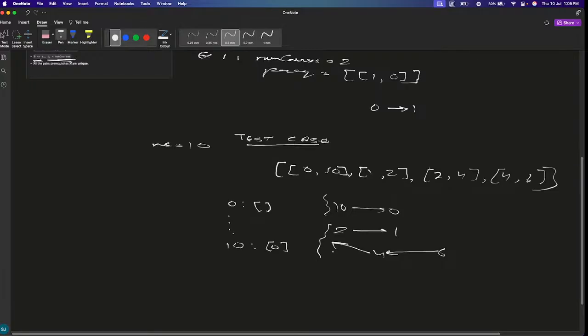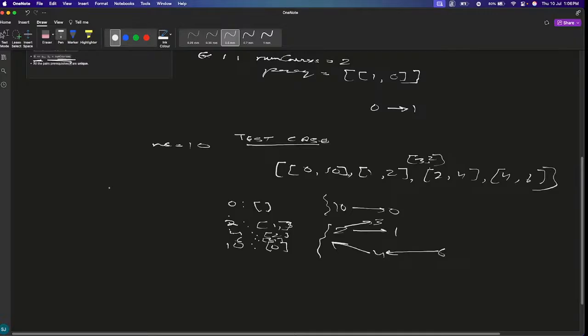Similarly, 2 is 1, so 2 could be 1, and 4 could be 2, and 6 could be 4. So these are your adjacency lists. What if there was something like 3 comma 2? Well, you do 1 comma 3.